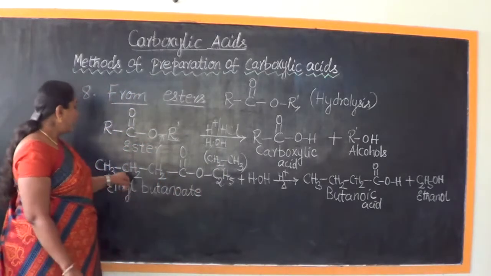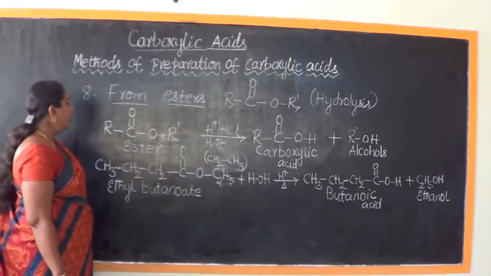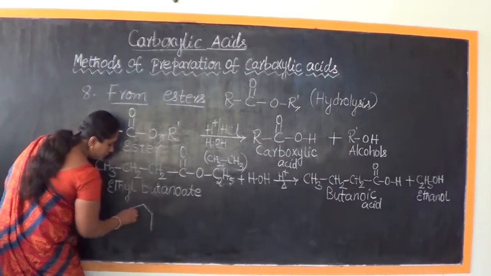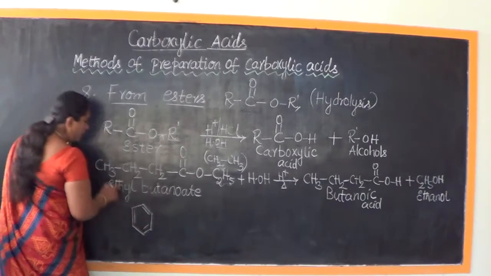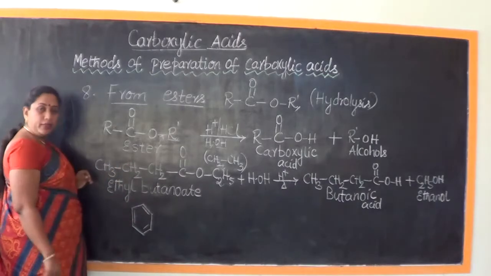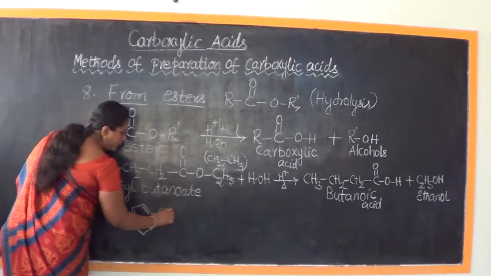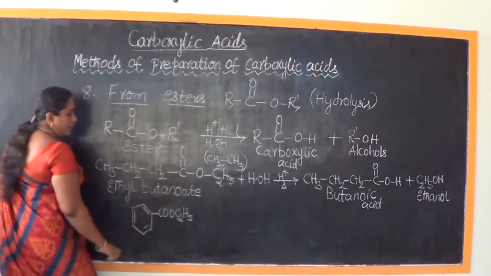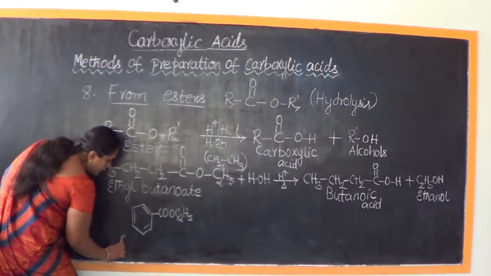Now, I have taken up the example of an aliphatic compound. Let me write with an aromatic compound. Now, instead of CH3, CH2, CH2, I have taken the R to be the phenyl group, and then the remaining constituents I will take as they are. So, what is the name of this compound? This will be ethyl, and this entire thing is going to be benzoate.